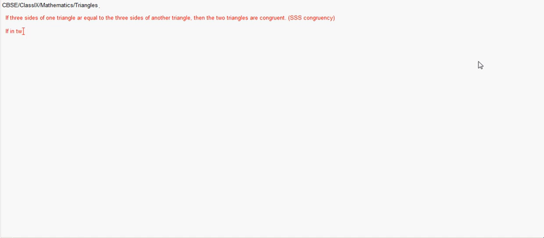It says if in two right triangles the hypotenuse and one side of one triangle are equal, so it has to be one right angle, it has to be the hypotenuse equivalent, and one side also equivalent to the hypotenuse and one side of the other triangle, then the two triangles are congruent. So this is the RHS rule of congruency.